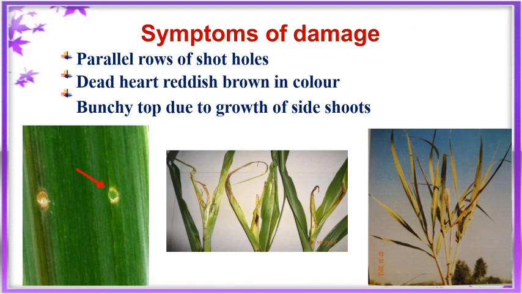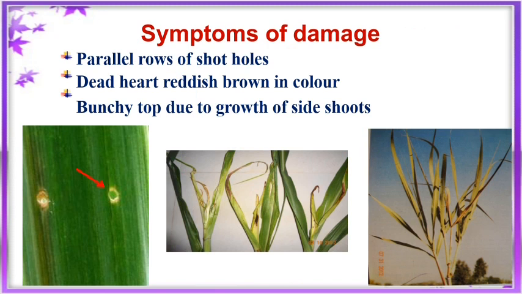Firstly, before this pest attacks the stem or shoot, after hatching from the eggs, the early instar larva makes small, irregular holes on the leaf blade, in parallel rows.